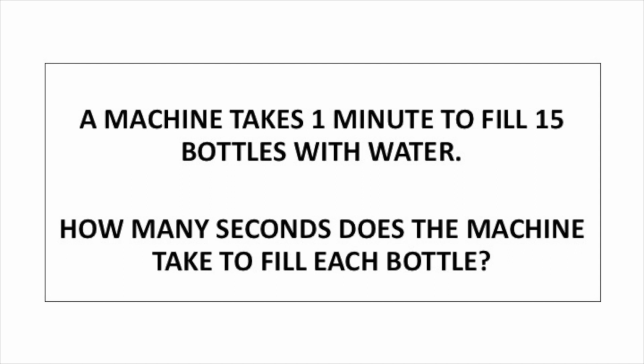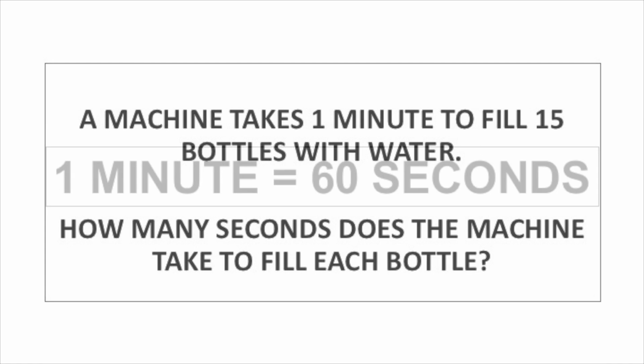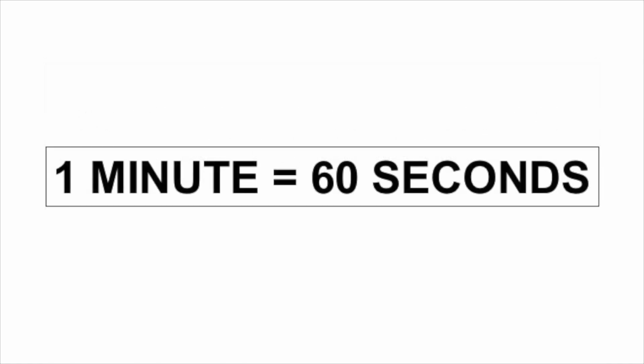How many seconds? So the first thing we need to do is convert minutes into seconds. 1 minute equals 60 seconds. Okay, so we've got 60 seconds for 15 bottles. 60 seconds to fill 15 bottles. So can anybody think of our calculation yet?